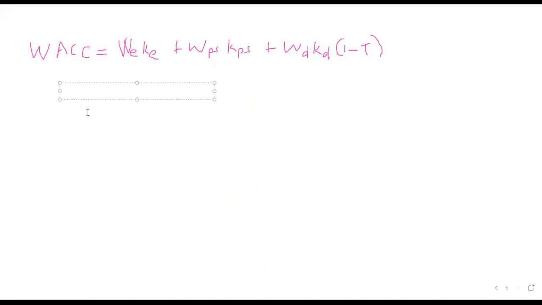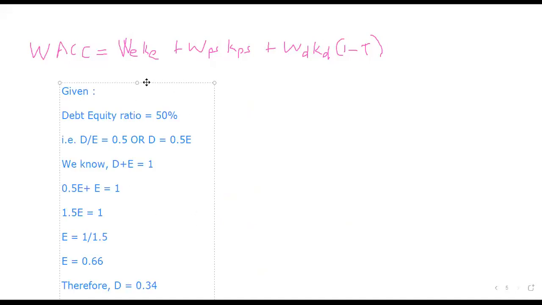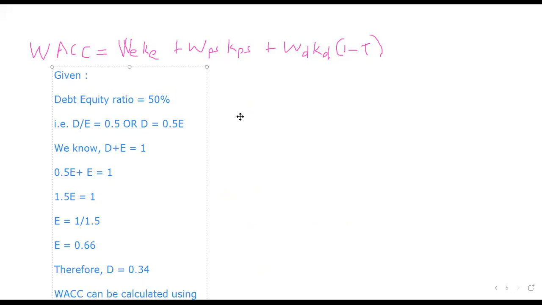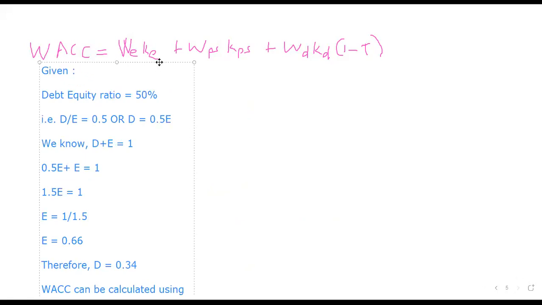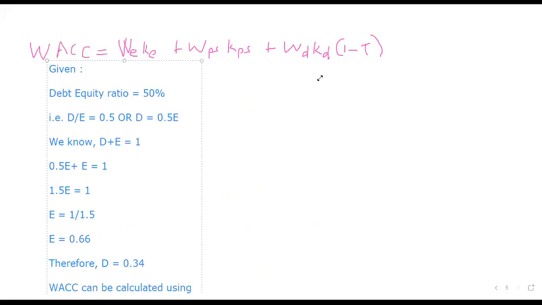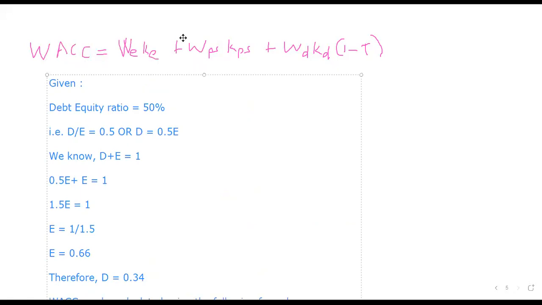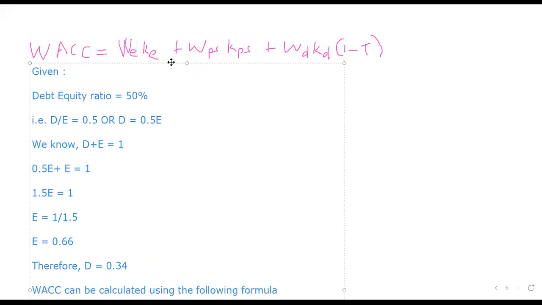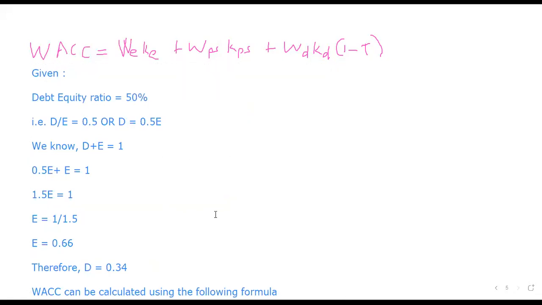From what we just calculated, the debt to equity ratio is 50%. So we know D over equity ratio is 0.5.